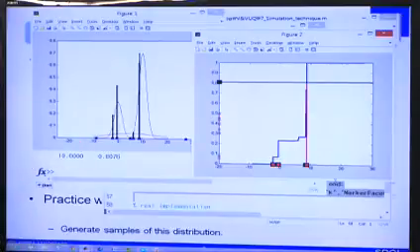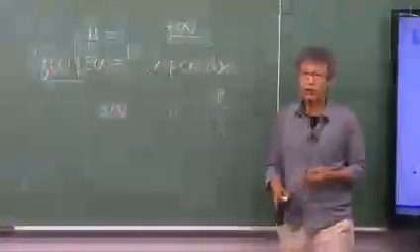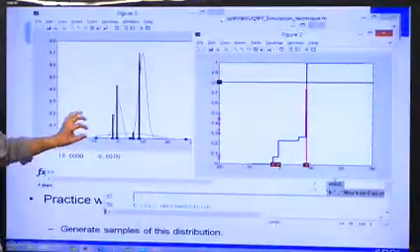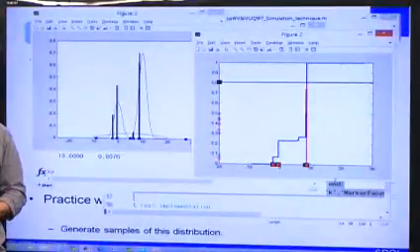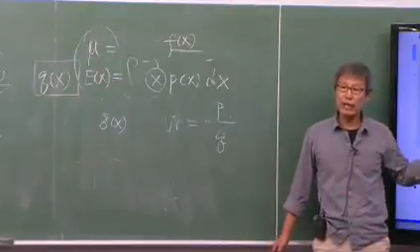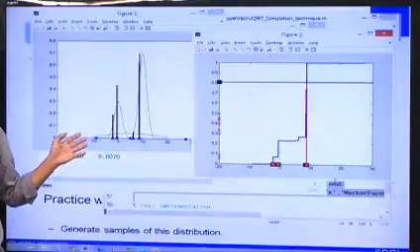The definition of W is P divided by Q, so you will understand why this is very small and this is very high. Okay? In this way, the points have weights.